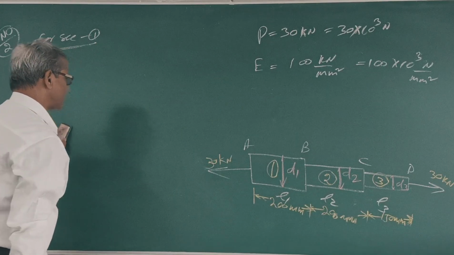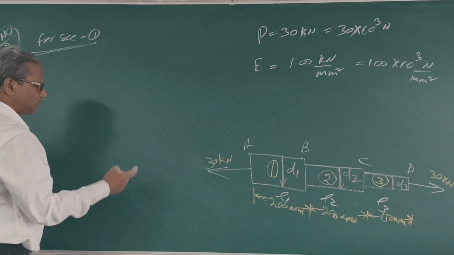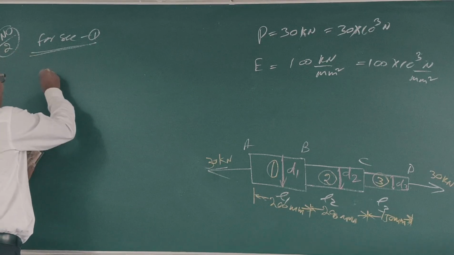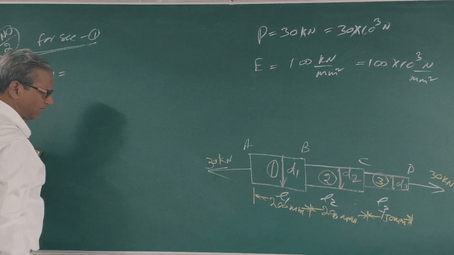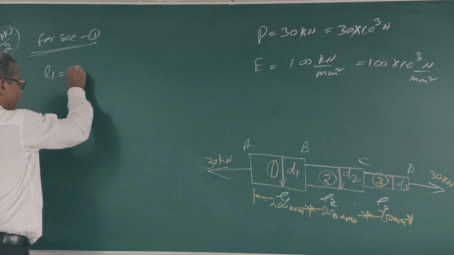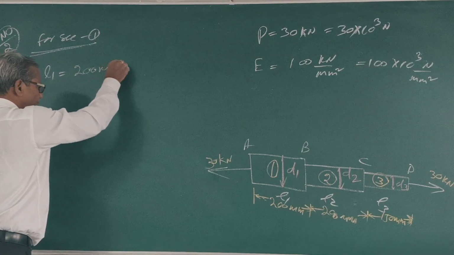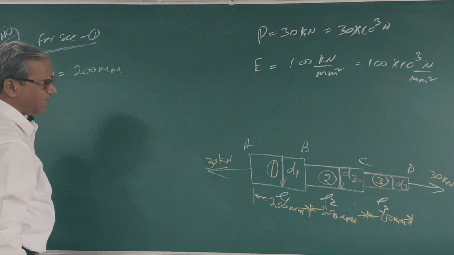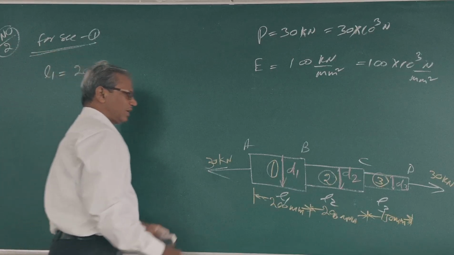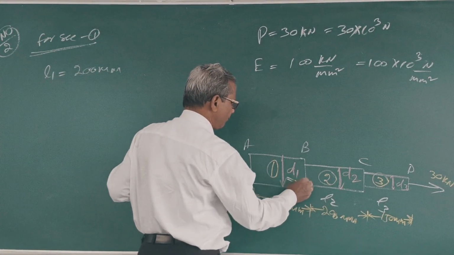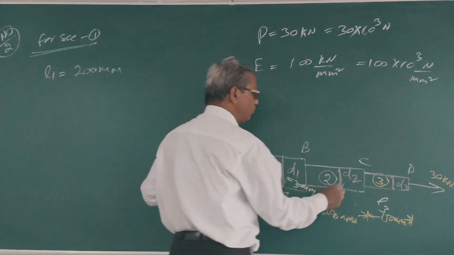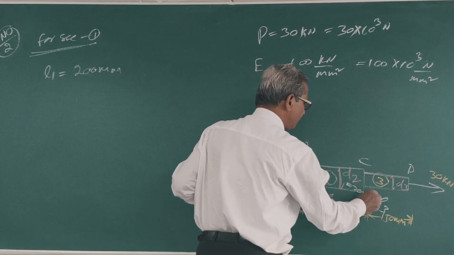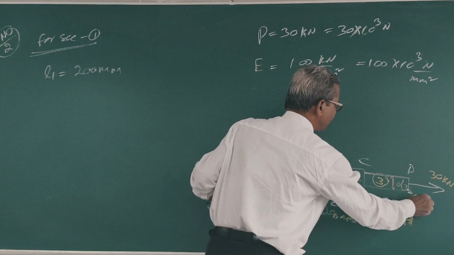Now, for section 1, length L1 is equal to, what length L1? 200 mm. Clear? Now D1, what is D1? 30 mm. What is D2? 20 mm. What is D3? 10 mm.